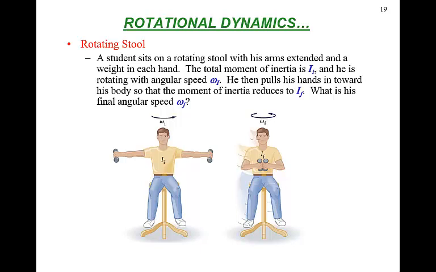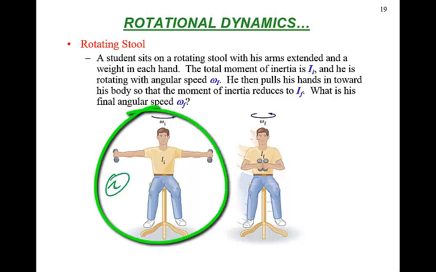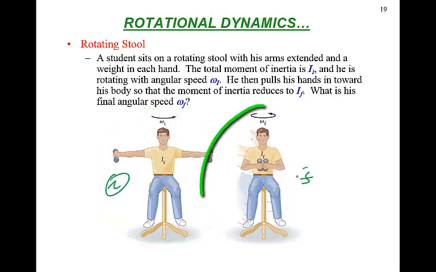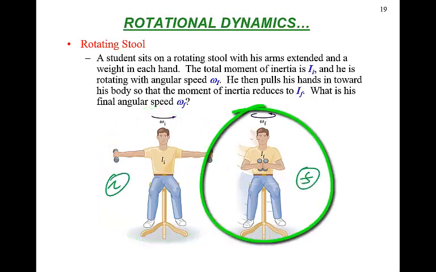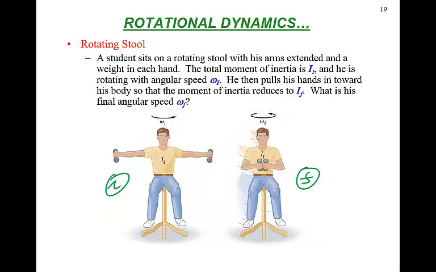While the stool is spinning, the student pulls his arms in from the initial position, which is this one here, this is initial right here, to a final, which is here. The student initially is holding the weights with his arms wide open. When he brings the weights closer to his body, we notice that his angular velocity increases.